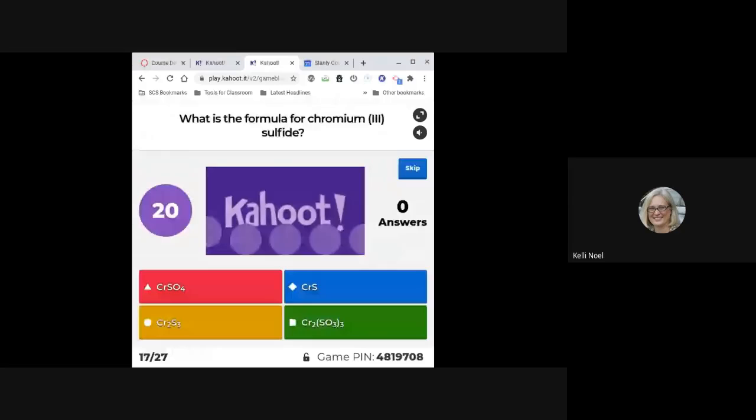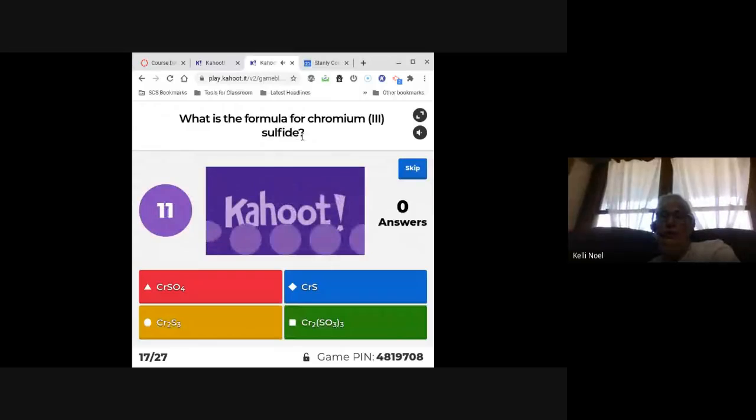Again, here's another one similar. Formula for chromium(III) sulfide. It ends in IDE, so it's going to be a regular element. That should allow you to narrow it down a little bit.